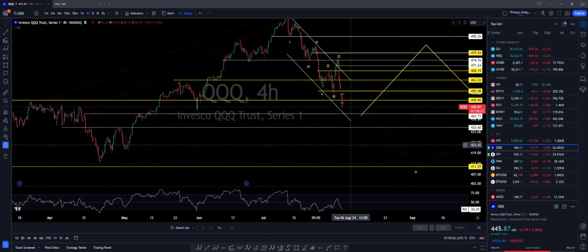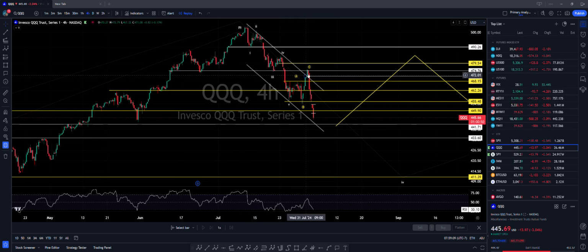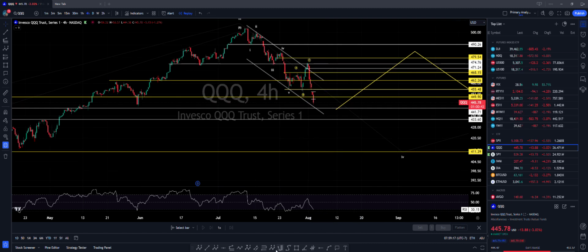So a lot more to be seen here. Is it front running the correction? If the 5 waves were done, is it like a wave 3 down, which will keep declining, something like 415? Let's see its extensions here.